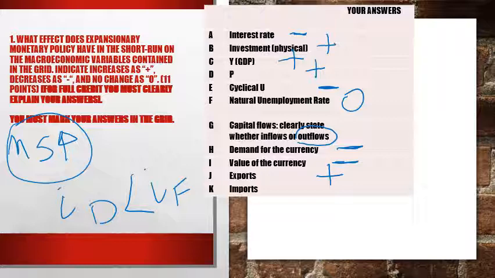Will this give us a higher or lower international purchasing power? It's going to give us a lower purchasing power. So our imports are going to decrease. So these are the 11 answers with explanations. These are the kind of explanations that I was looking for.